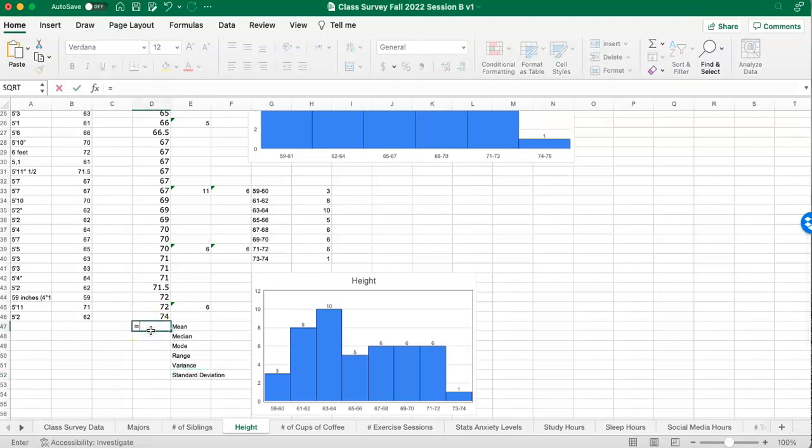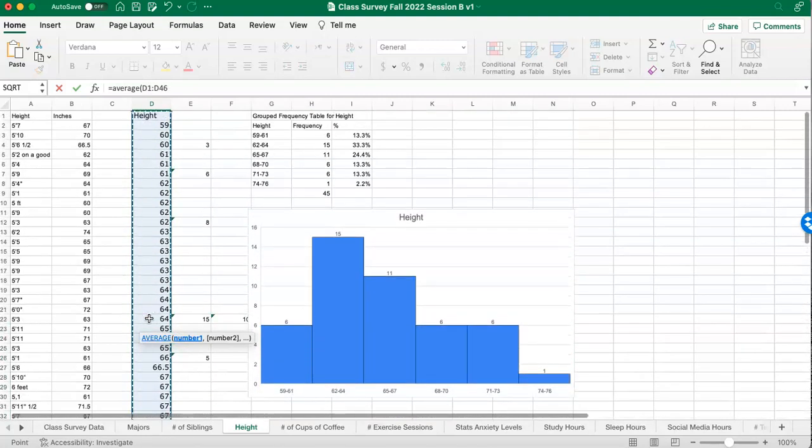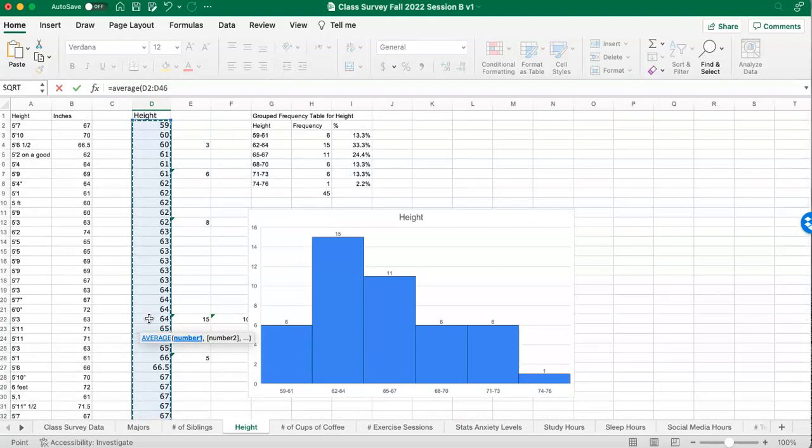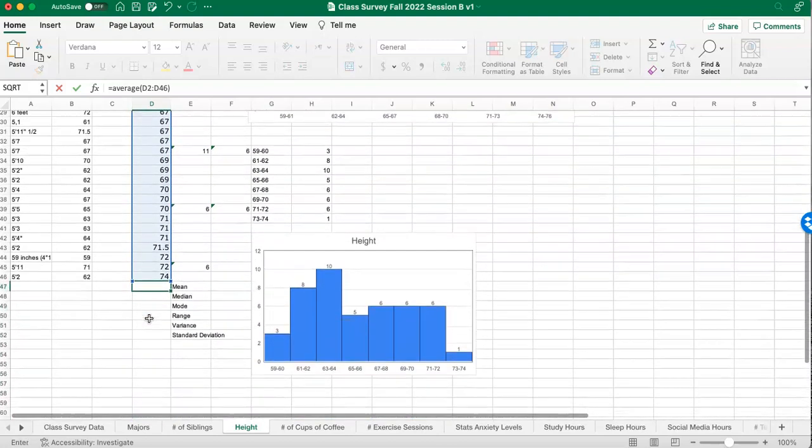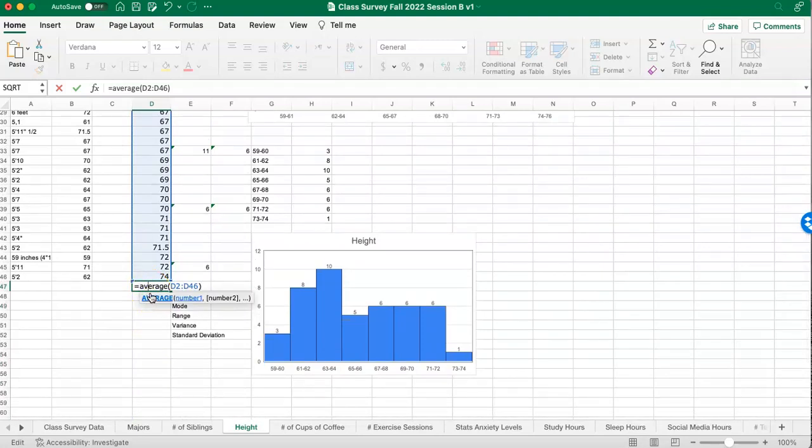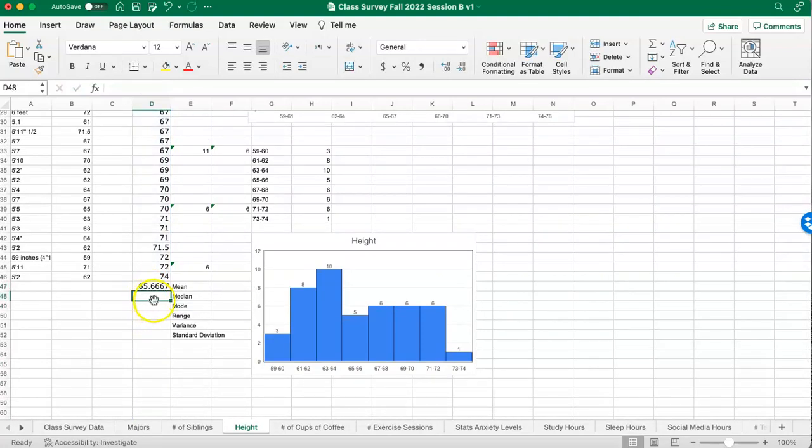So once again, equal, average, and highlighting, this time it's not E, I'm sorry, it's going to be D, not E. So let's go back here and take a look. D2 to D46, enter. It looks like the mean is 65.67 inches. It is appropriate to have decimals here, so we're going to go ahead and leave that.